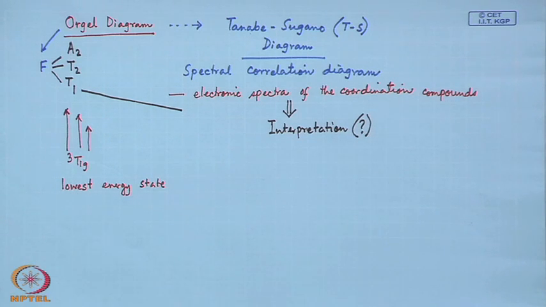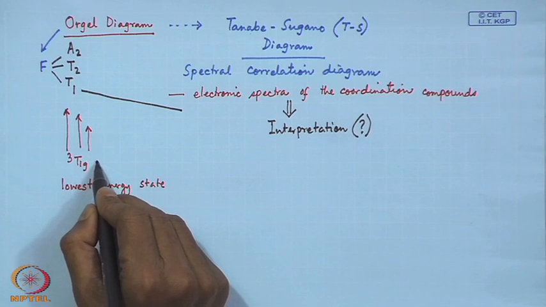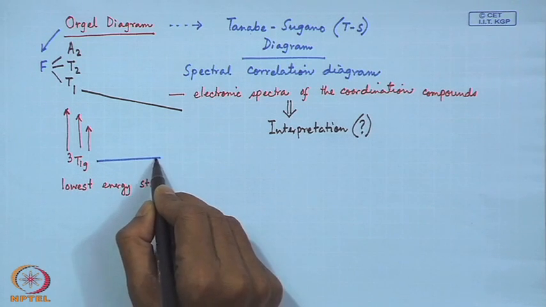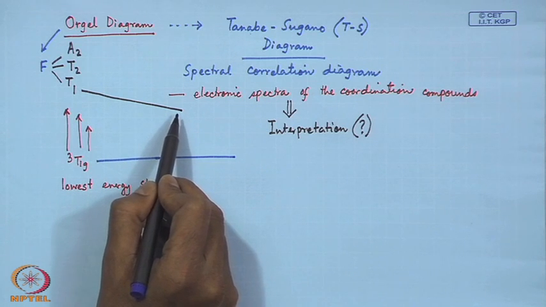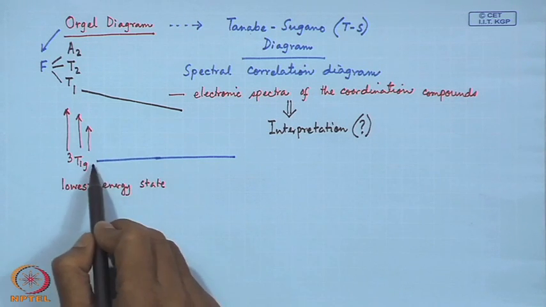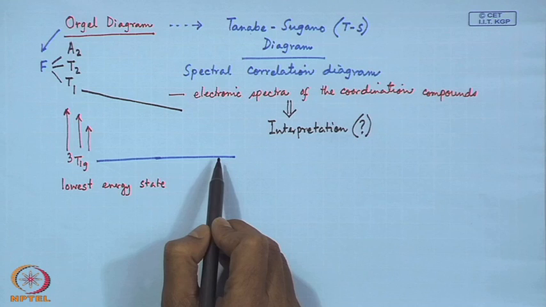Depending upon its value for this transition, we try to have a typical horizontal line instead of this sloped line. A line with some slope can be converted to a horizontal line.